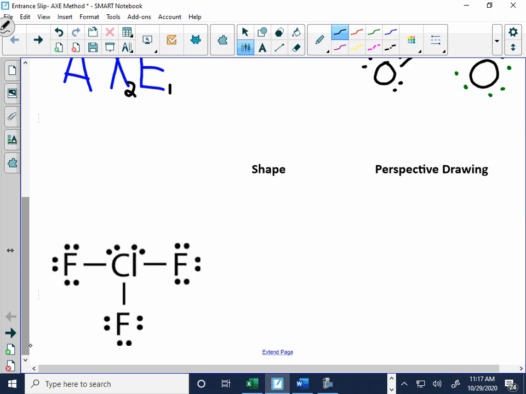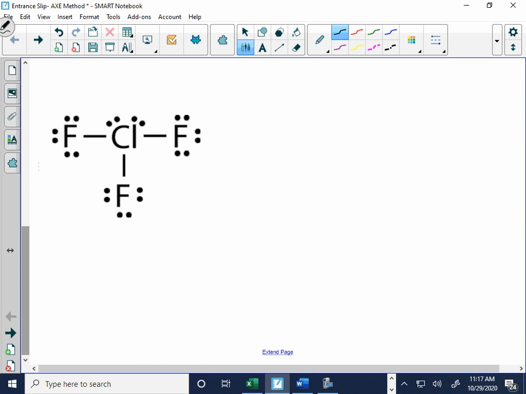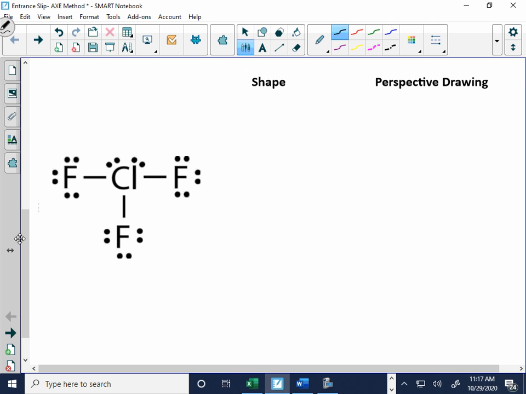Now my second one here is dealing with chlorine and fluorine. Now I want to point something out to you right here, that when I draw a circle around this chlorine here, can you see that I have way more, well not way more, but I have more than 8 electrons around that chlorine?